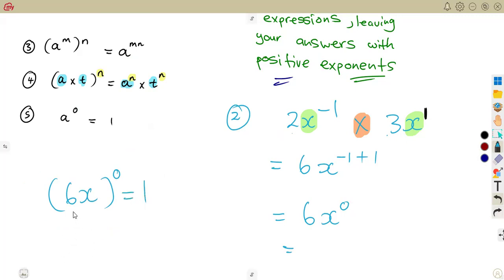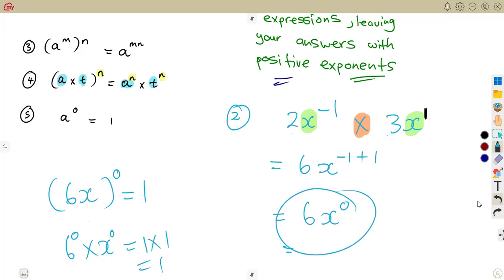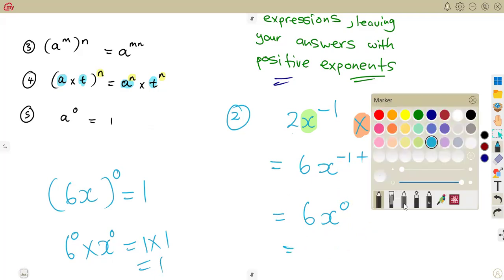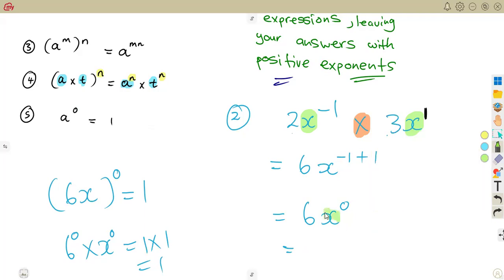It is just like 6 raised to the exponent of 0 times x raised to the exponent of 0, so it will be 1 times 1, which is 1. But in this case of ours, it is not 6 which is raised to the exponent of 0. It is the x here.